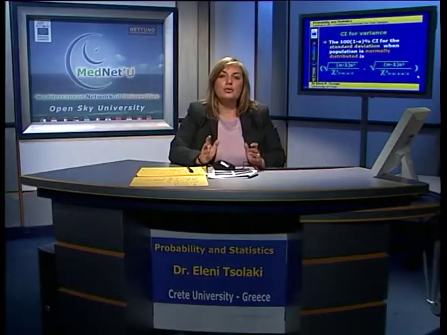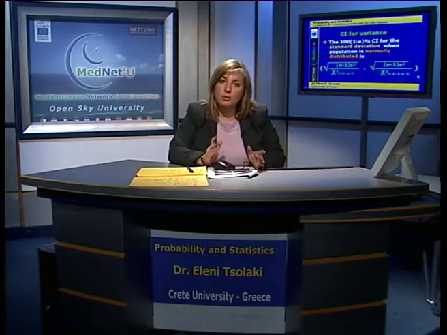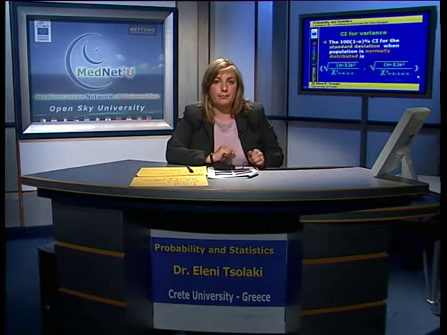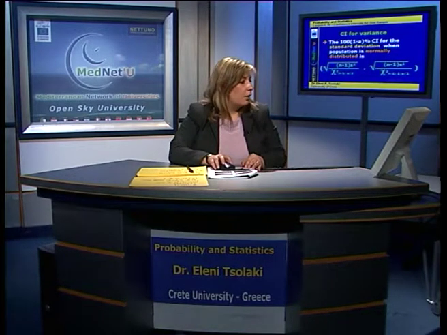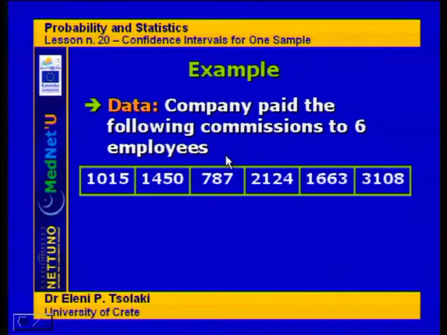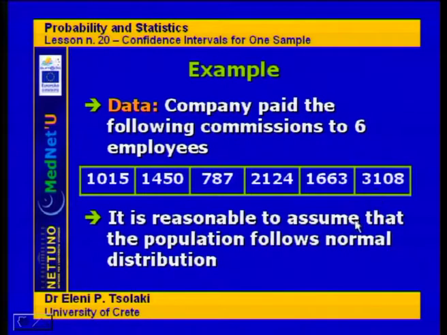Now, let's work through an example to see how we can calculate confidence intervals for the variance. A company paid the following commissions to 6 employees. Data are given here. Now, we do not know the variance.